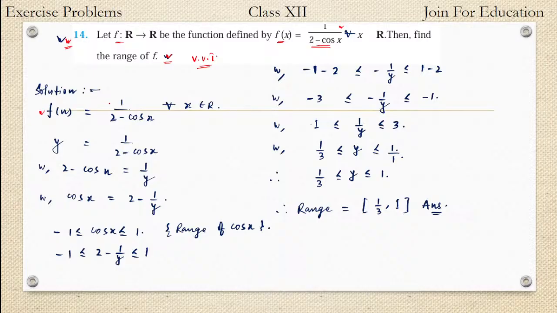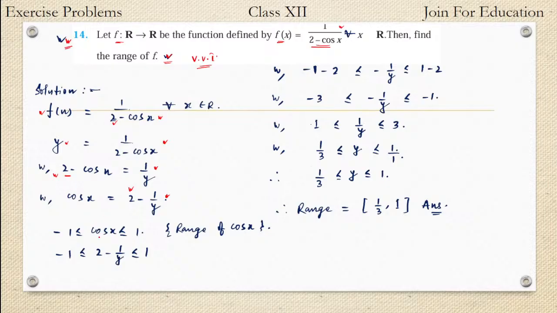Function f(x) equal to 1 by 2 minus cos x. Suppose y equal to 1 by 2 minus cos x. After cross multiplication we get 2 minus cos x equal to 1 by y. Therefore cos x equal to 2 minus 1 by y.